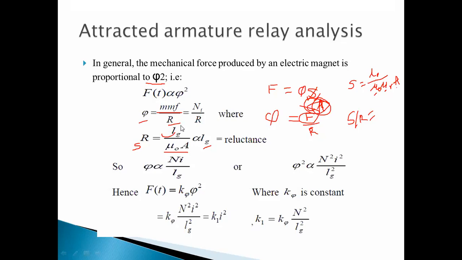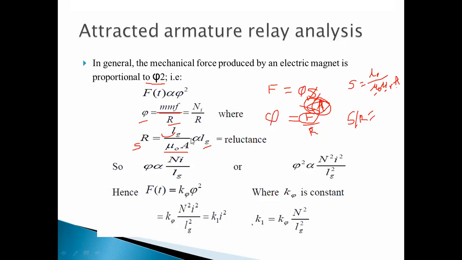So phi is equal to mmf. Mmf is nothing but I into N, or you can write this as N into I. So this is NI divided by r, where r is the reluctance, remember.